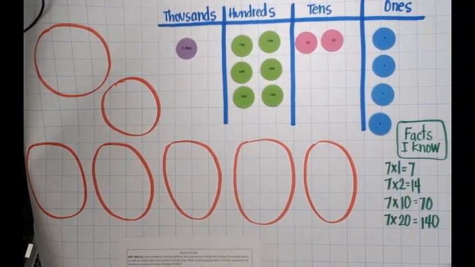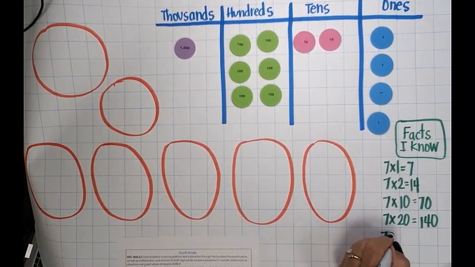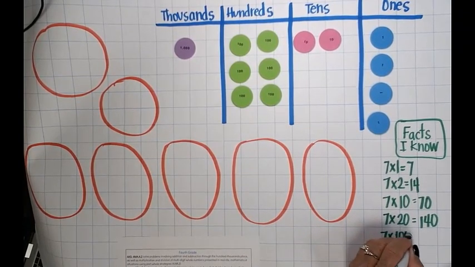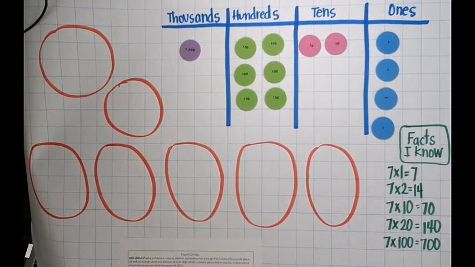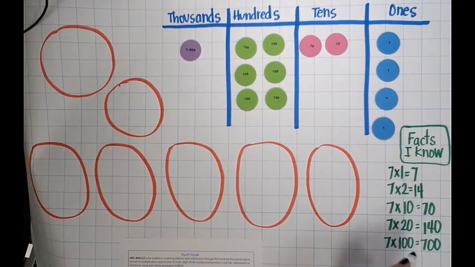This is 1,624. What if I did 7 times 100? I could get 700. We're getting a little closer to that 1,624. But what if I did 7 times 200? That's 7 times 20, which is 140, 10 times greater. So it's really 1,400.